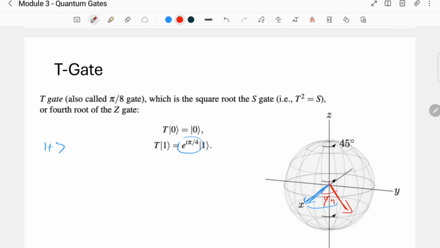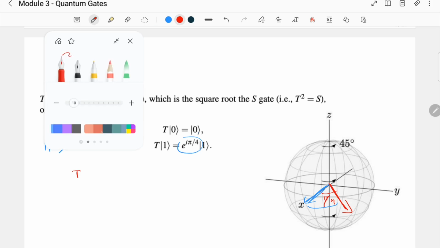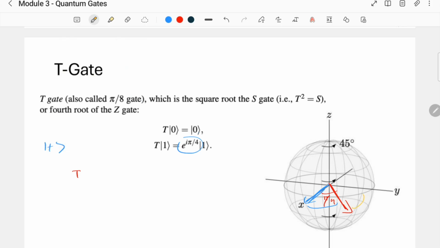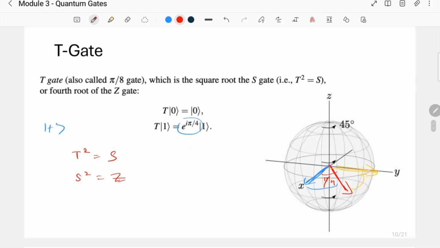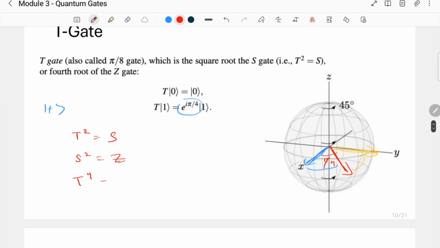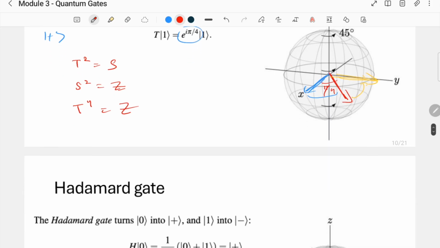This angle is pi by 4, 45 degrees. And so if we apply T again, you remember the last thing, the S gate. So T square is S, and we know that S square is Z because we're along the Z axis. So effectively, T raised to the power 4 becomes Z. That's what it says, 4th root of the Z gate.